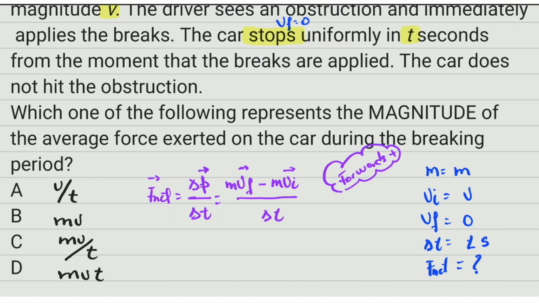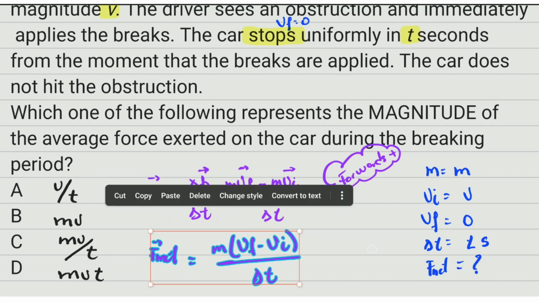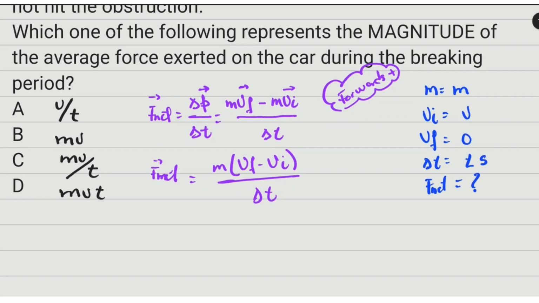We are working with the same car, the mass did not change, so the net force is equal to mass, bracket final velocity minus initial velocity, divided by time.